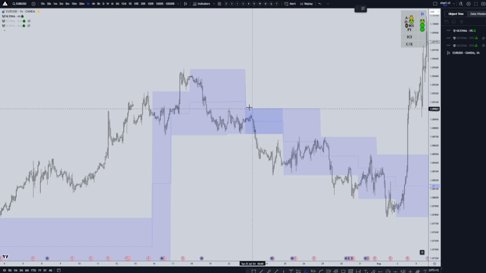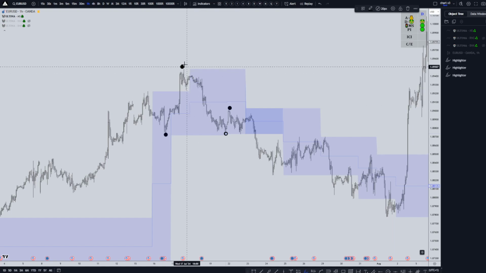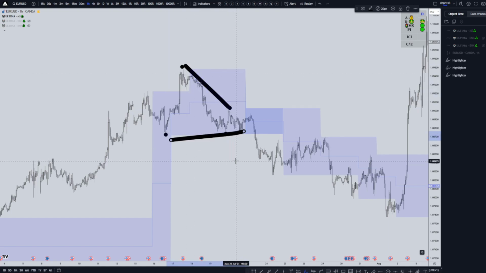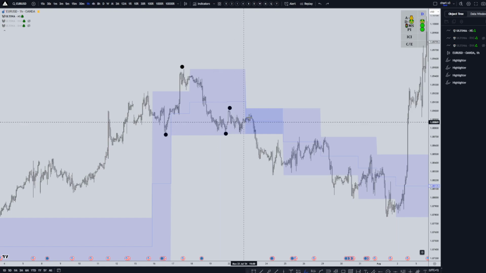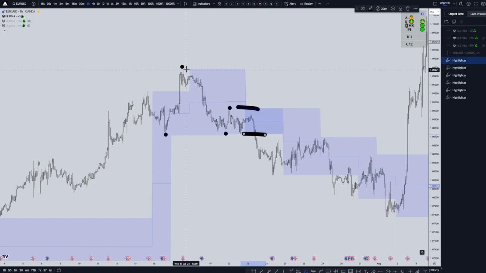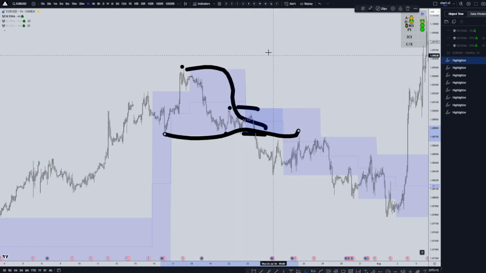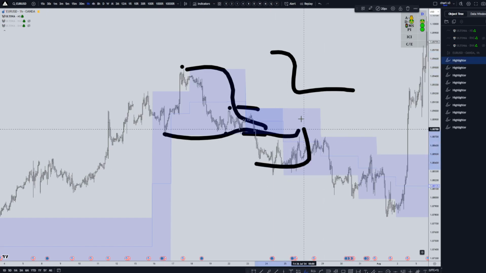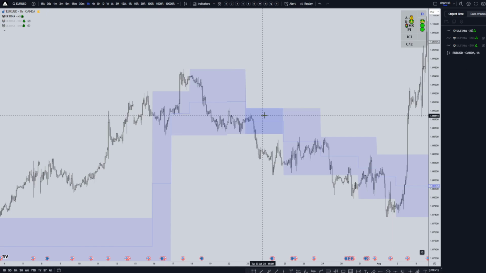If we mark this structural point, it comes from here, this comes from here, and this comes from here, right? So you can see we start to coil up, and whenever it's confirmed, it highlights that structure is stepping down and stepping up. So we are basically starting to coil up.